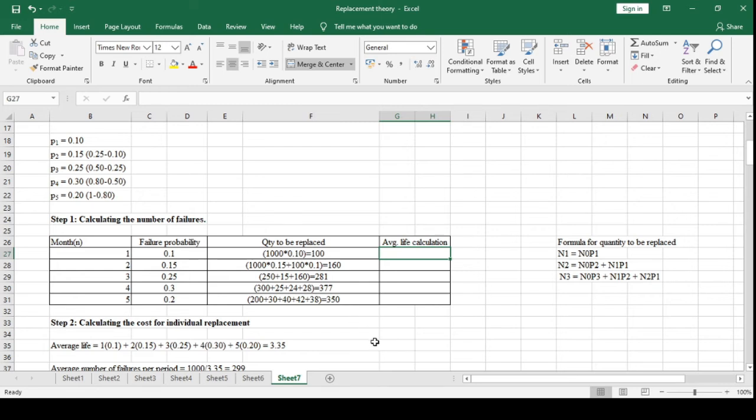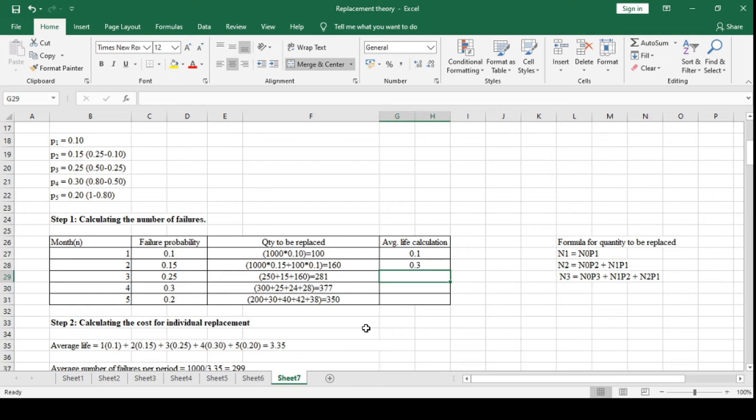Now we will calculate the average life calculation. What is average life calculation? That is the multiplication of column 1 and column 2. So your answer for the first is 0.10. Similarly for the second, it is 2 multiplied by 0.15, so 0.30.